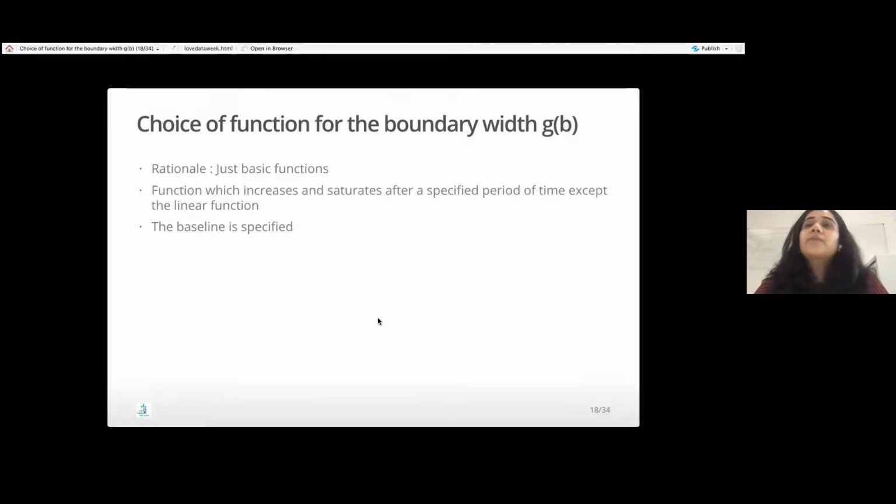And the choice of functions for the boundary distance, g of b, are just basic functions. The rationale for selecting those is that the function will increase and then saturate after a specified period, except for the linear function that you will see in a bit. And the baseline is specified already.